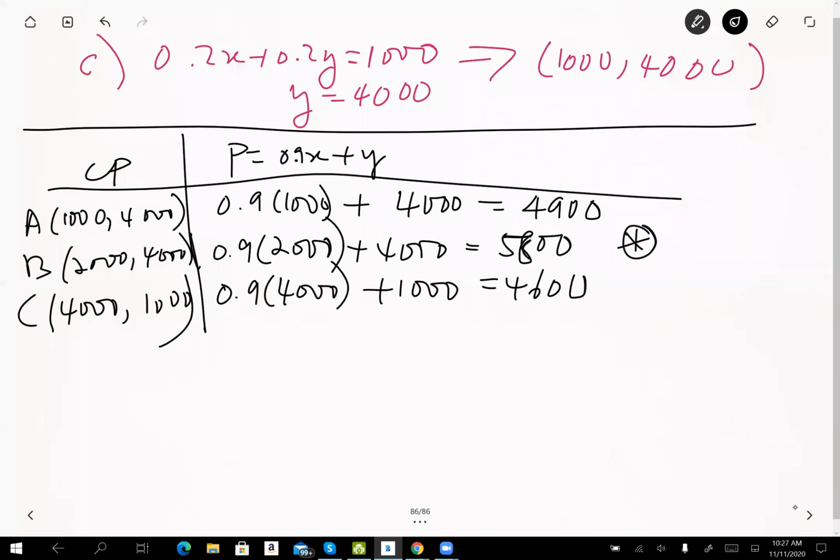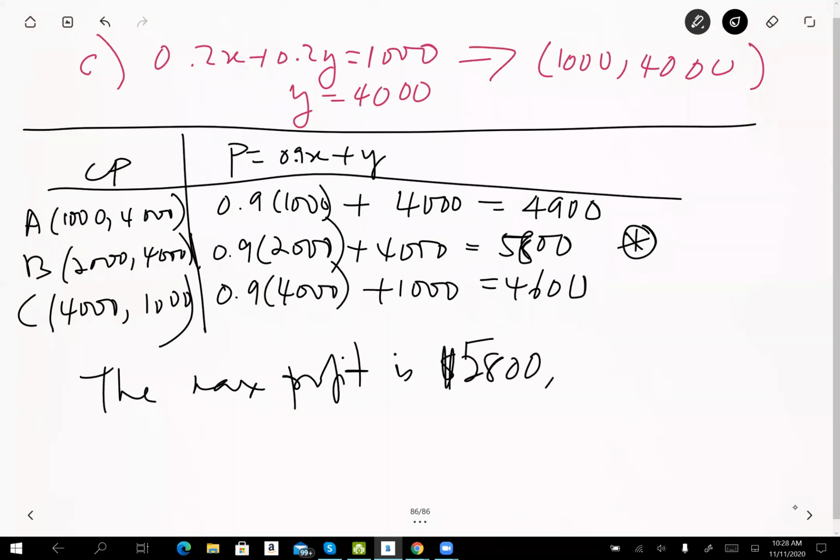So that's the solution. We say the maximum profit is $5,800. And to maximize the profit, you have to sell the amounts determined by the point.